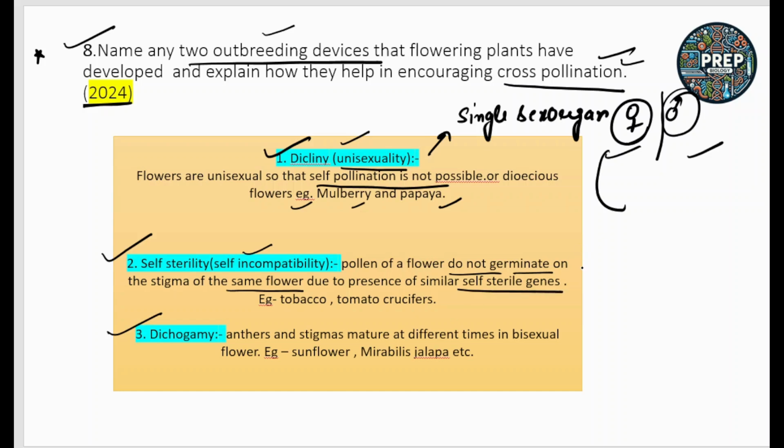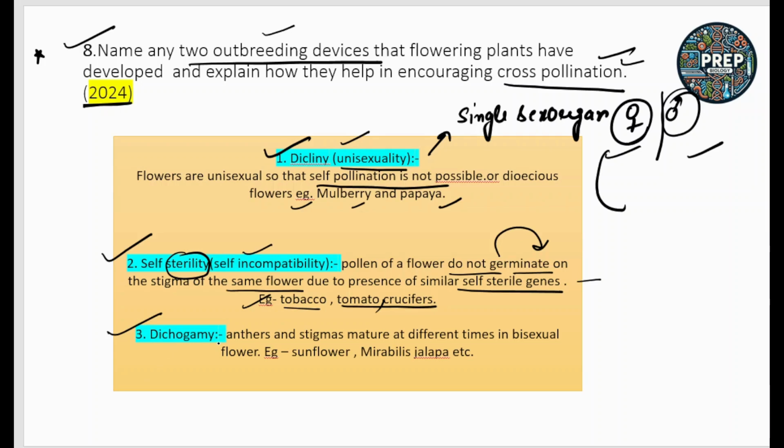So if male and female parts are present in the same flower, but the pollen does not germinate on the stigma of the same flower due to the presence of similar sterile genes, that is called self-sterility, or self-incompatibility. Examples are tobacco, tomato, crucifers, etc. The examples of each and every term are very important, so make sure you note them down carefully.